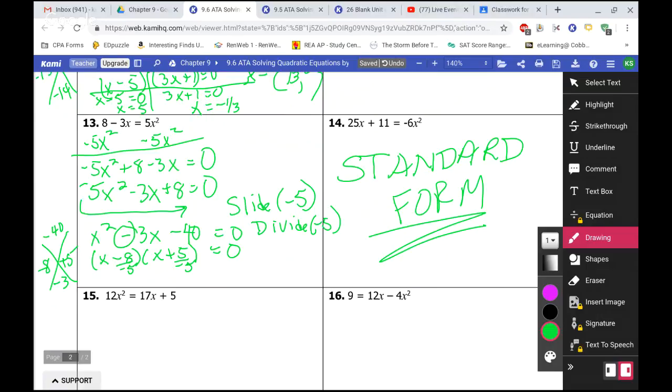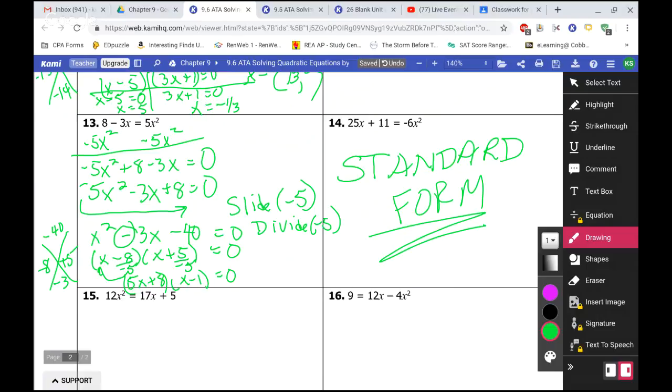But this negative 8 divided by a negative 5 is going to change that middle sign to positive. So it's going to be 5x plus 8. And then 5 divided by a negative 5 is x minus 1.